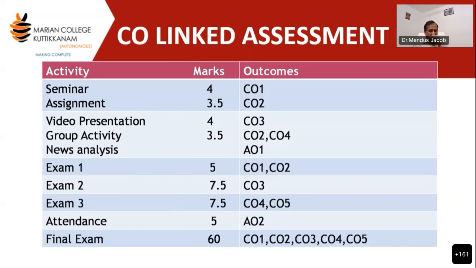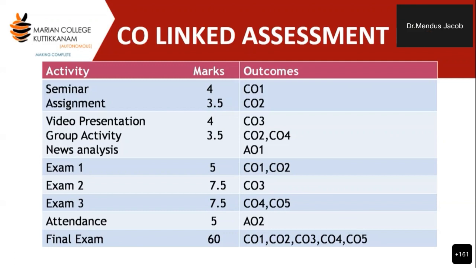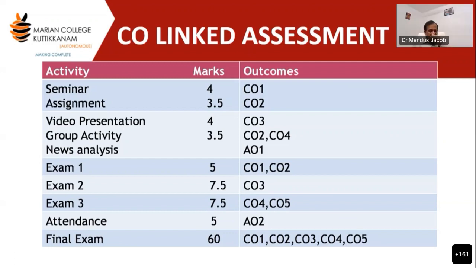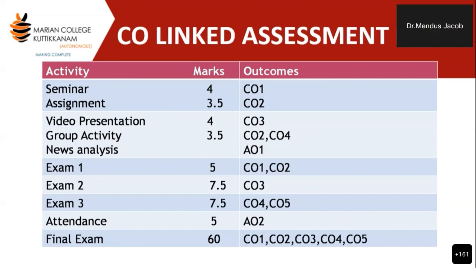We have a course where we have 60% of the marks for the final exam, that means the end semester exam, and 40% for the continuous assessment. It's only an example, a very simple one, just to understand the process of computation.